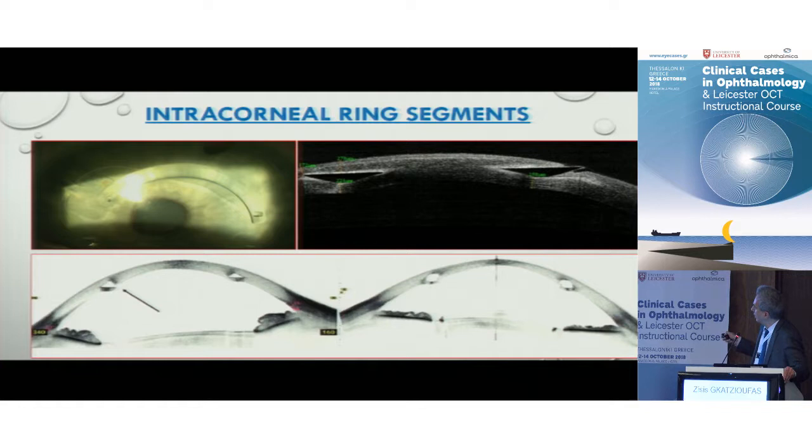So this ring has been explanted, and here you can see another Keraring implantation, an intact implantation, and we routinely document these patients with anterior segment OCT in order to document that we have the correct depth of implantation, which should be roughly 80% of the corneal thickness at the site of implantation.